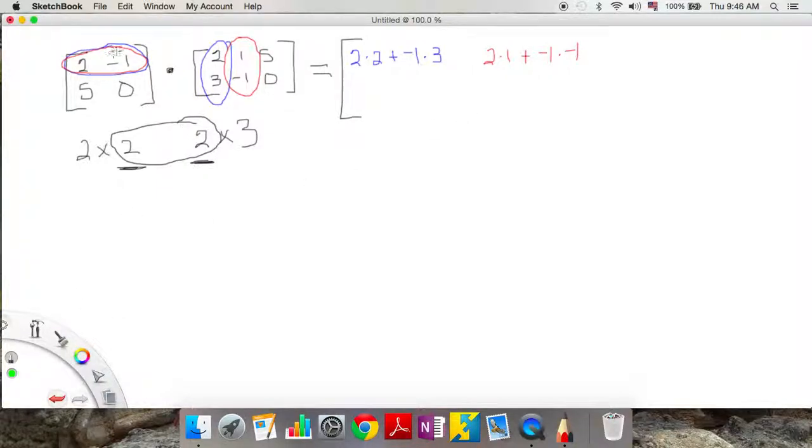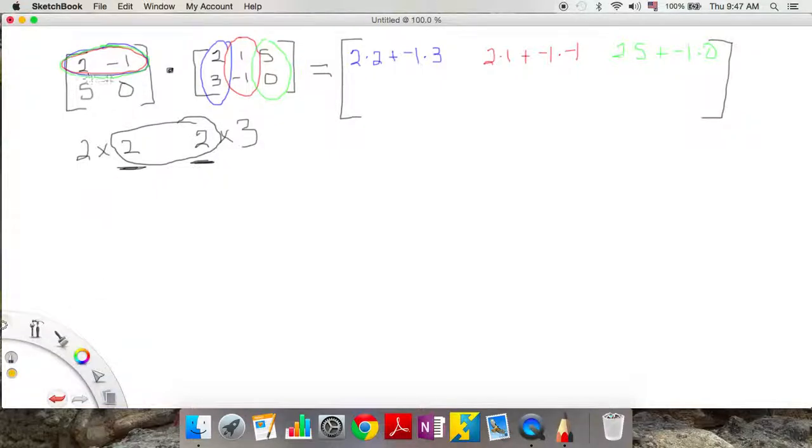And then for the third column, we do row and column again, and we have 2 times 5 plus -1 times 0. Now you can see how I multiplied the first one here times the first one here, and then the second one times the second one, and add those together, and that gives me my new entry.